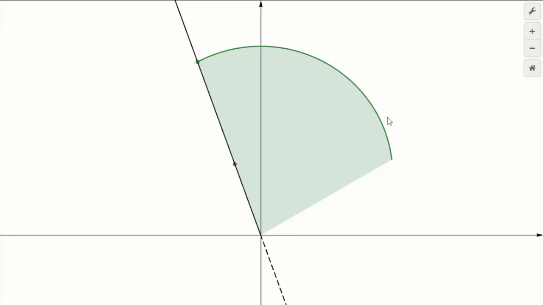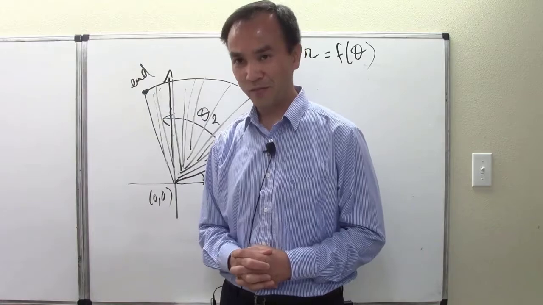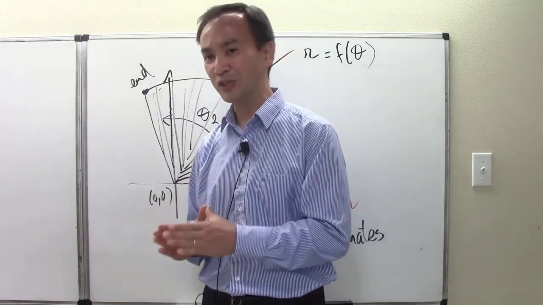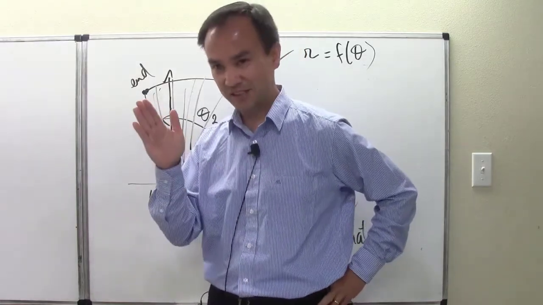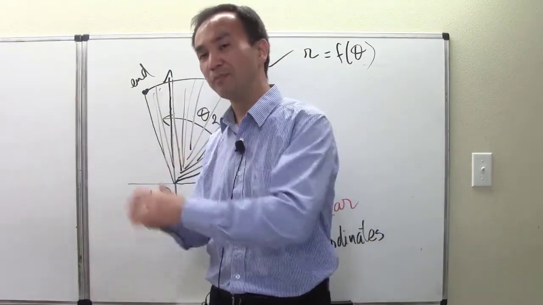Right now it's not the time yet to worry about which polar curve this green curve is. Hopefully that's enough of an illustration of what we are about to do in terms of finding area, but those areas are expressed in polar coordinates.